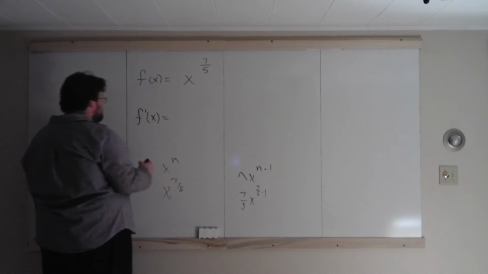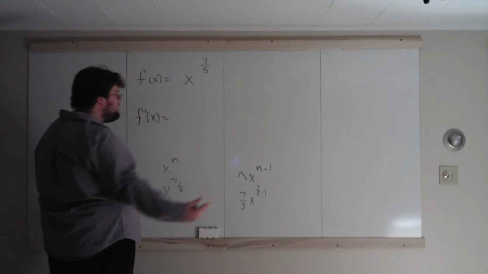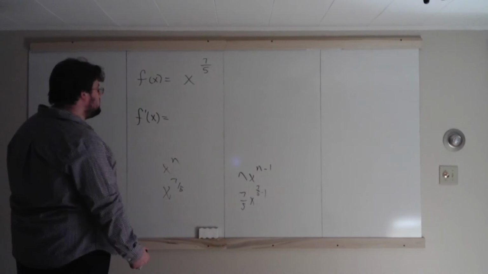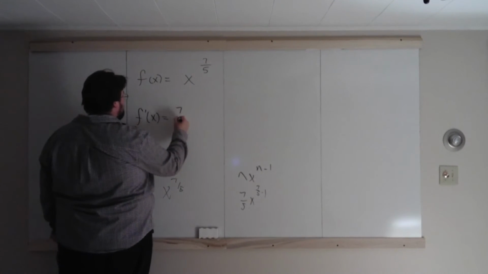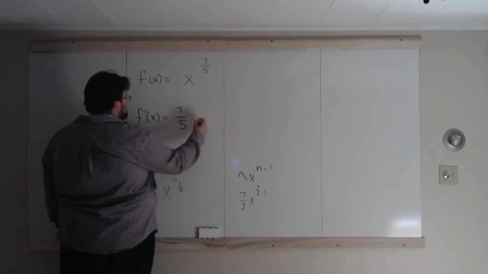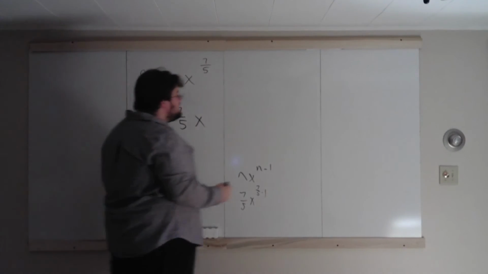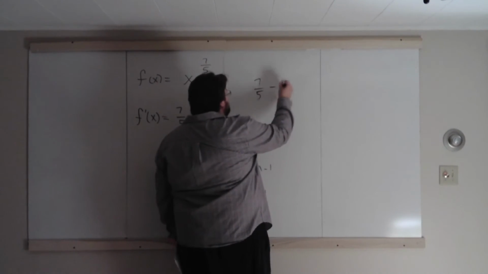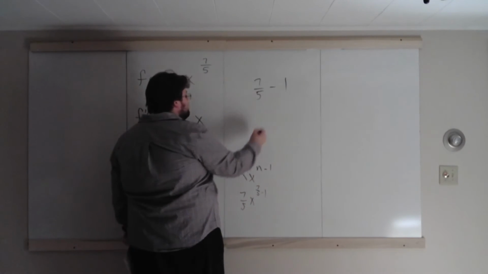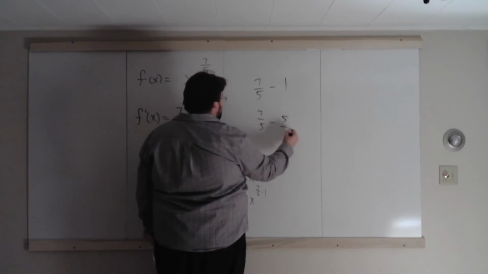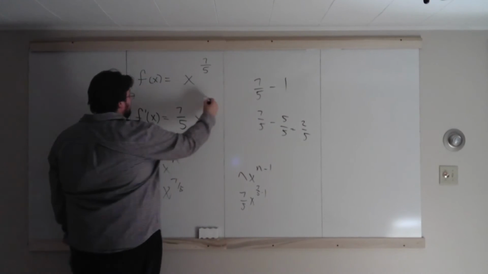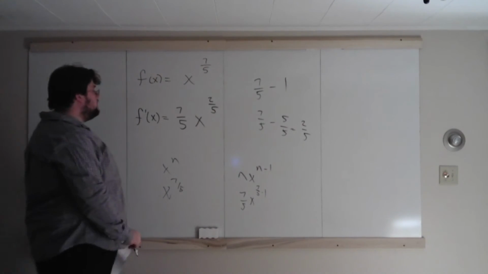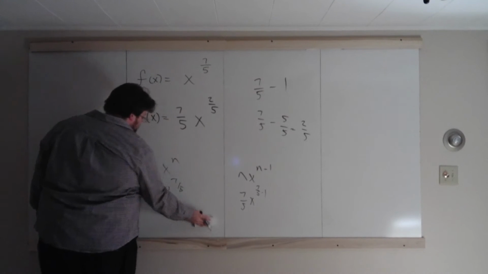That's written very poorly. But we just have another power rule. It's not a whole number as the exponent, it's a fraction, but we can still use the power rule on that. So we have 7/5 x to the 7/5 minus 1. What's 7/5 minus 1? Well, 7/5 minus 1 is 7/5 minus 5/5, which is 2/5.